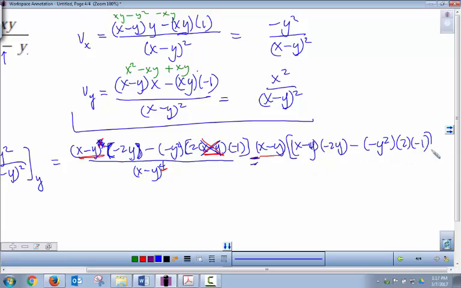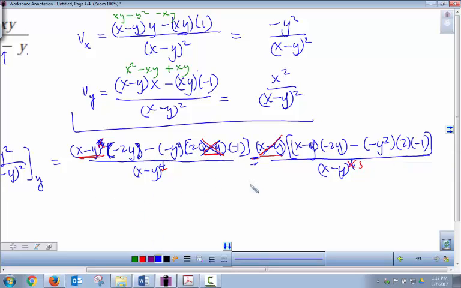And I suppose we can still work on this to simplify it. But this first step is just to get rid of one of these x minus y's.